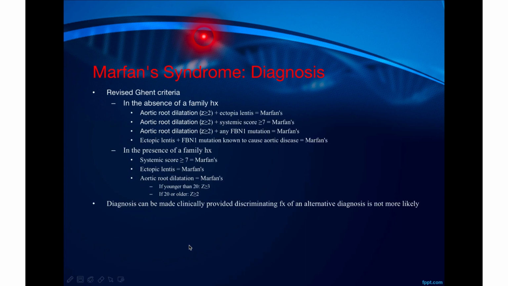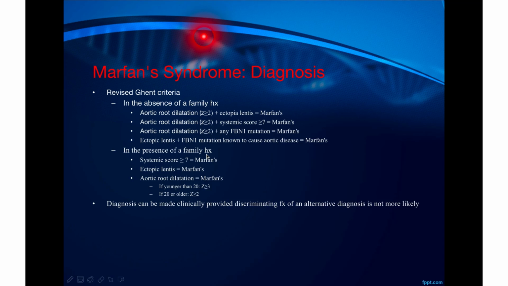So next we're going to look at making a formal clinical diagnosis of Marfan syndrome. So number 1, we have to know that if the patient has a family history of Marfan syndrome, of course that will make it a lot easier to diagnose the patient.